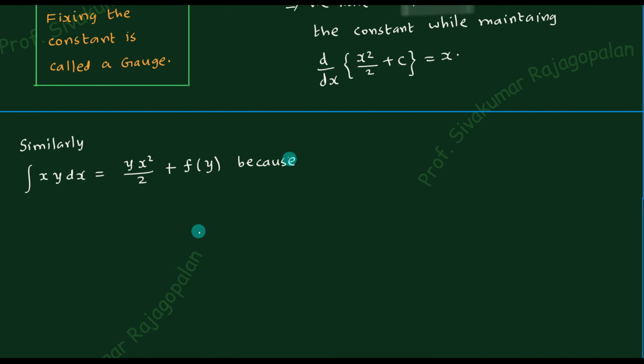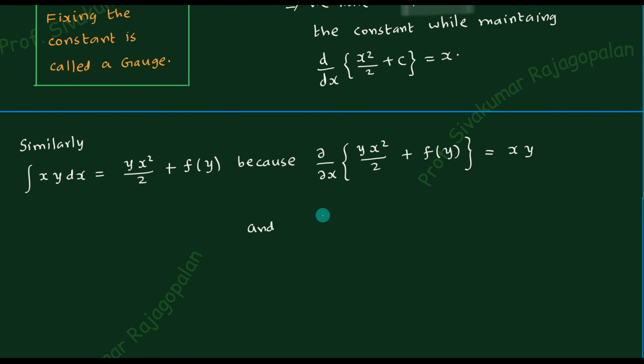As you can see clearly, instead of putting a constant here, we can always add any function of y, because the integration is only with respect to x. y is treated as a constant, and therefore any function of y will remain as a constant for the partial derivative. So that is the meaning. Since you have done partial integration here, the partial derivative will become 0. So if you write like this, then things are clear.